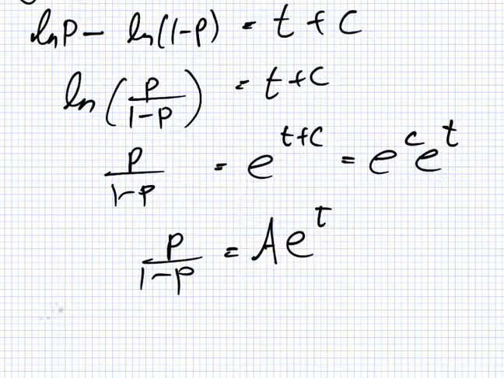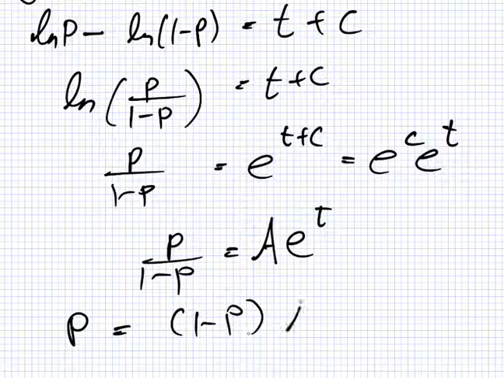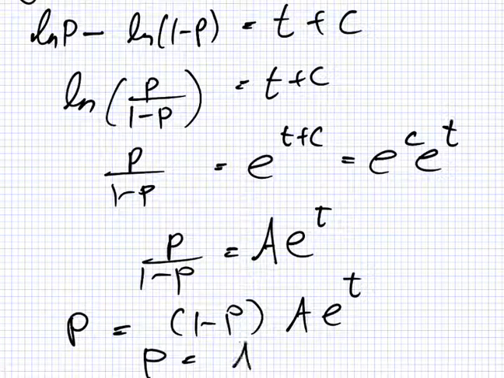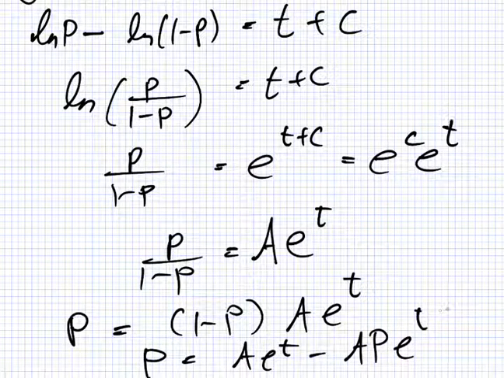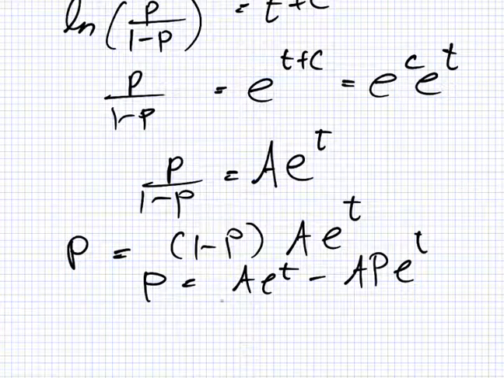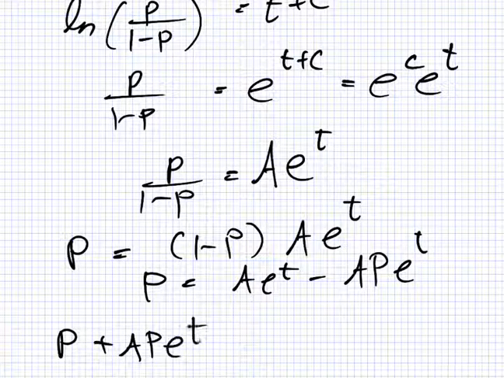I'll multiply. p equals (1 minus p) times A e^t. So p equals A e^t minus A p e^t. Taking the p's to the left, p plus A p e^t equals A e^t.